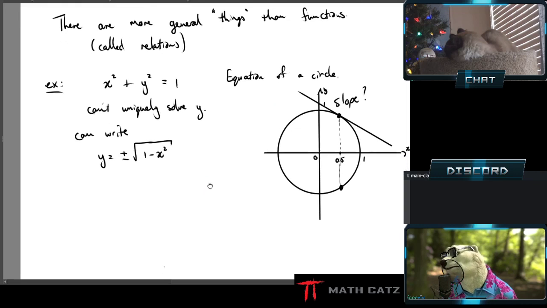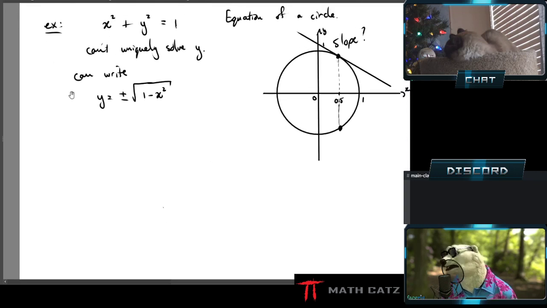This is where implicit differentiation is necessary. It's crucial. So let's say here, to find, what was that? That was supposed to be an S. Slope, excuse me, or derivative, implicit differentiation.